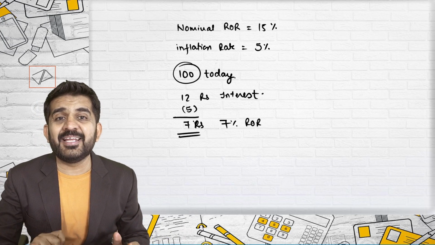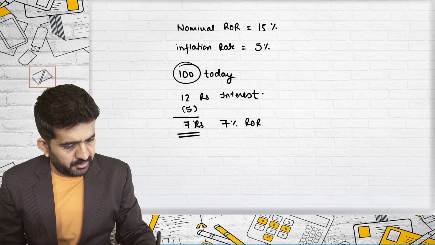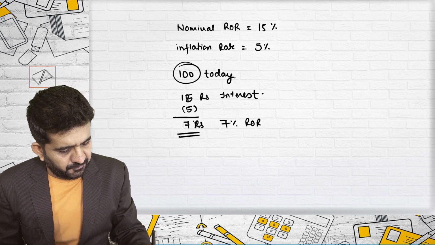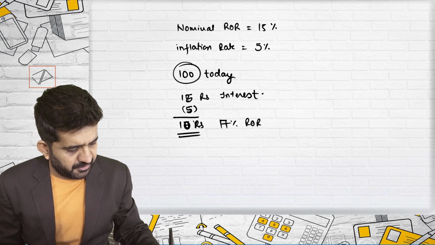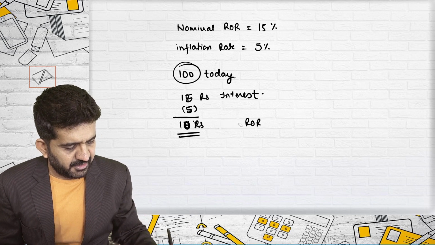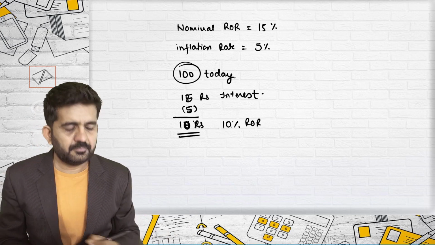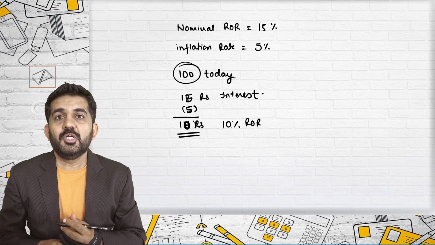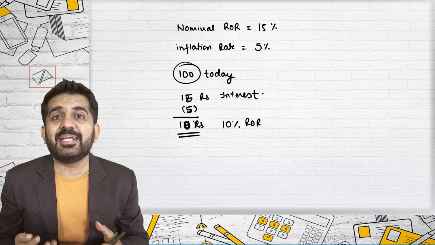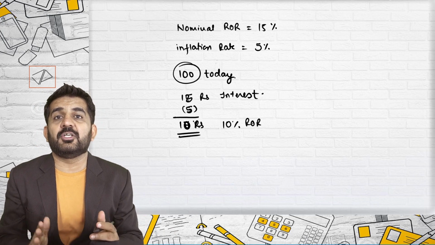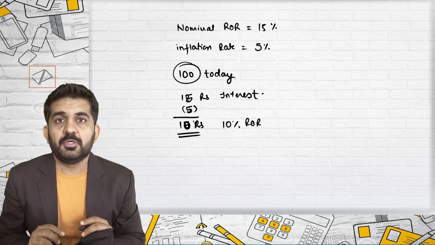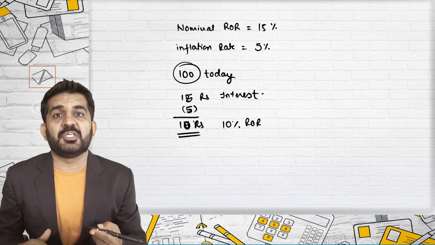Sorry, this is 15 minus 5, right? 15 minus 5 will be 10% rate of return, which I am getting in real terms. So my expected rate of return in nominal terms is 15%, but in real terms is 10%.